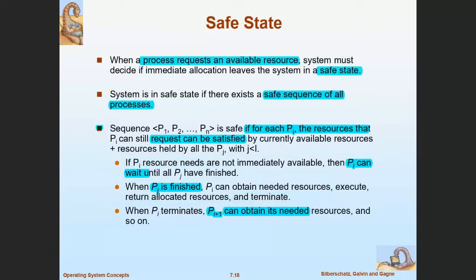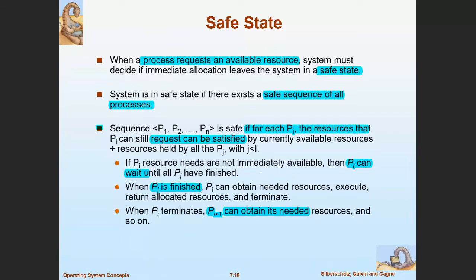So the system may be in a safe state or maybe in an unsafe state. If we know that the situation may be resolved without deadlock, the state is called safe. So the system is safe if there exists a safe sequence of all processes without deadlock.